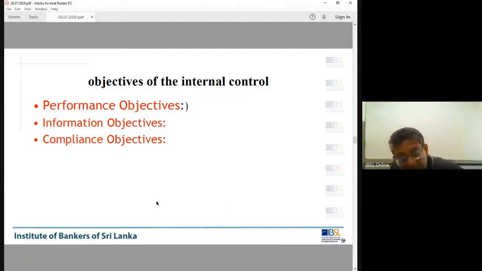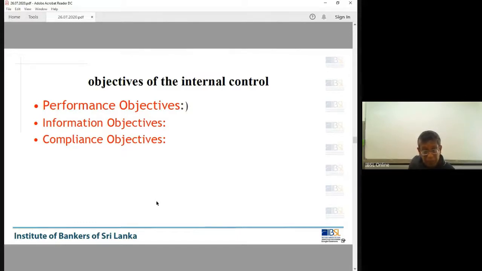Then the third one, the compliance objective. Why does internal control have the compliance objective? What is compliance? Compliance means your organization complies with the prevailing rules and regulations of your country set by the regulator, and your civil law, whatever law your organization is following, right? Otherwise, what is the risk you're going to face?